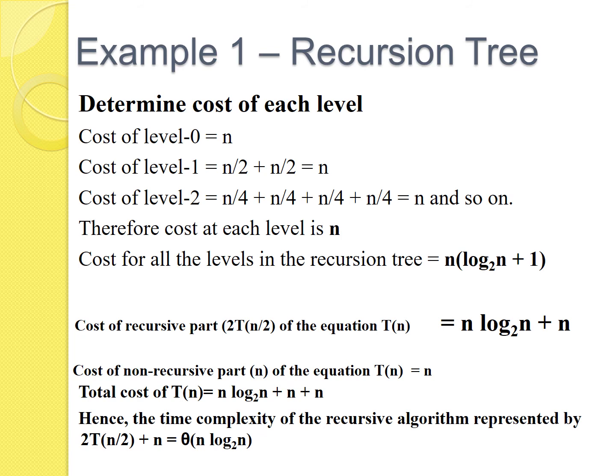Hence, the total cost of the nonlinear recurrence relation represented as T of n is n multiplied by log 2 of n plus n plus n. Applying the sum rule, we could say the time complexity of the recursive algorithm that is represented by the nonlinear recurrence relation is theta of n multiplied by log 2 of n.